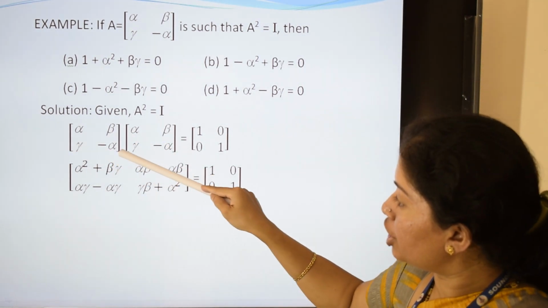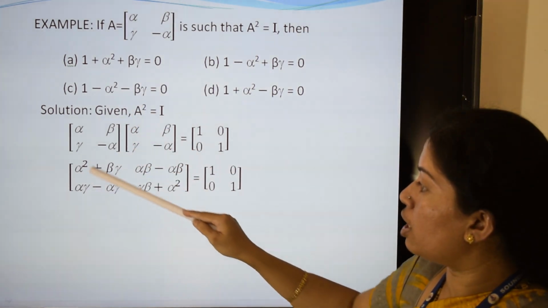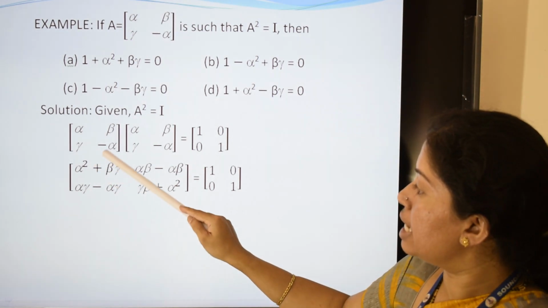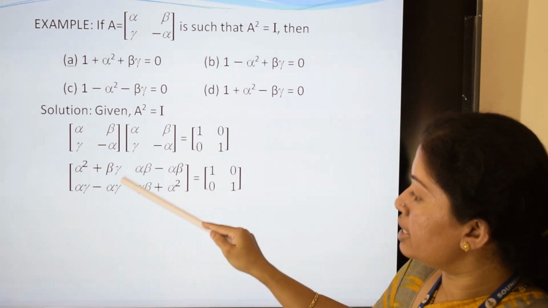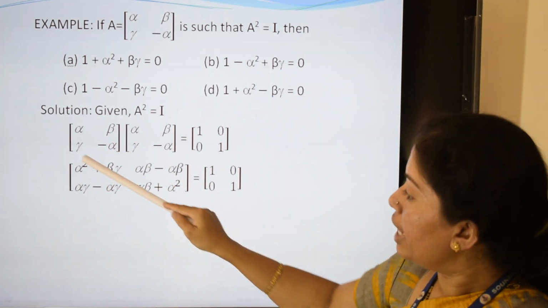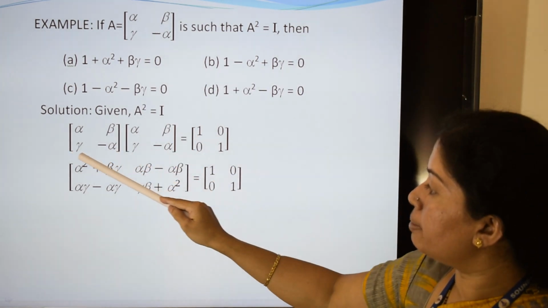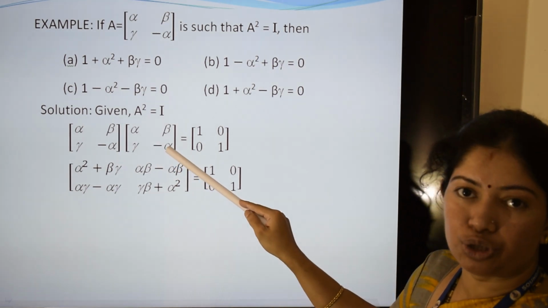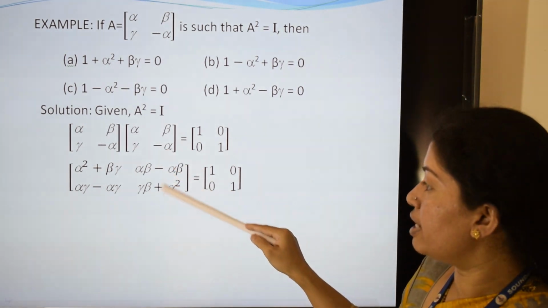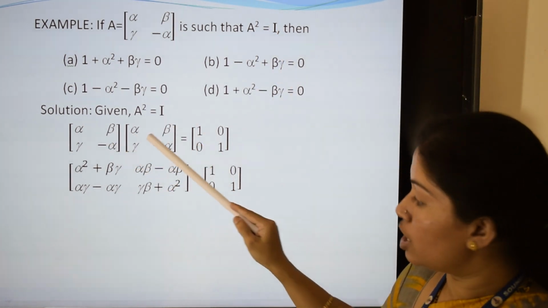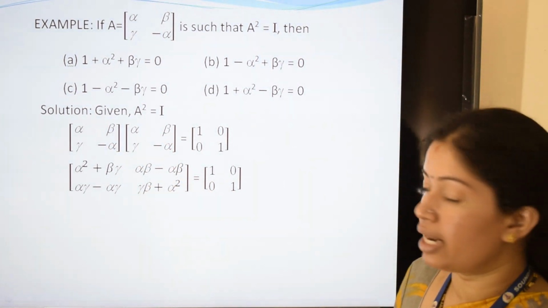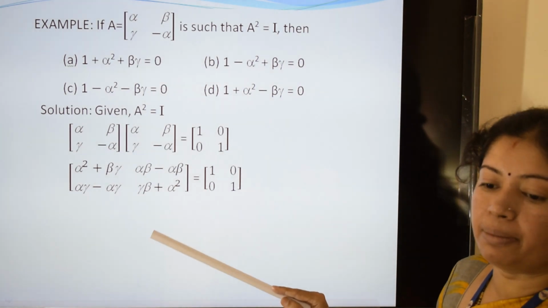Next, take the second row, multiply with the first column, gamma into alpha, that is alpha gamma plus minus alpha into gamma is minus alpha gamma. Next, the second row with the second column, gamma into beta plus minus alpha into minus alpha, minus into minus is plus. So minus alpha into minus alpha is plus alpha square, that is equal to this identity matrix.